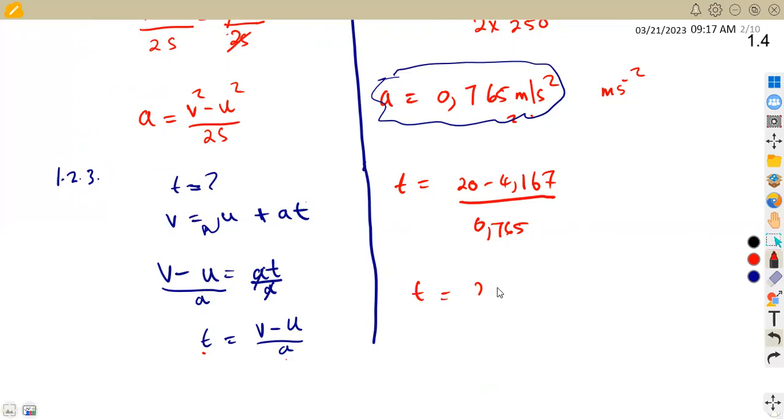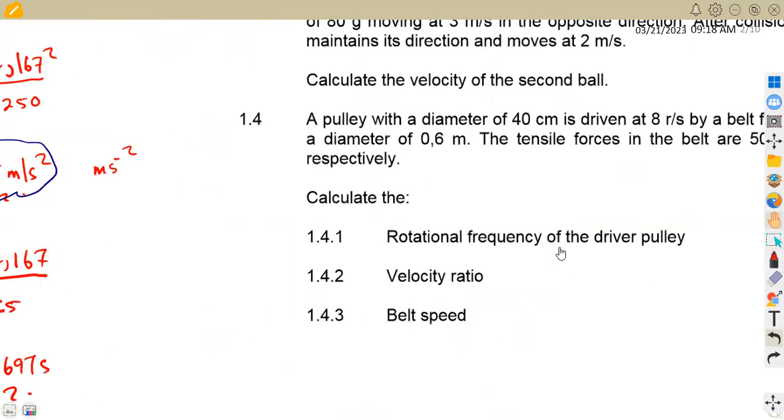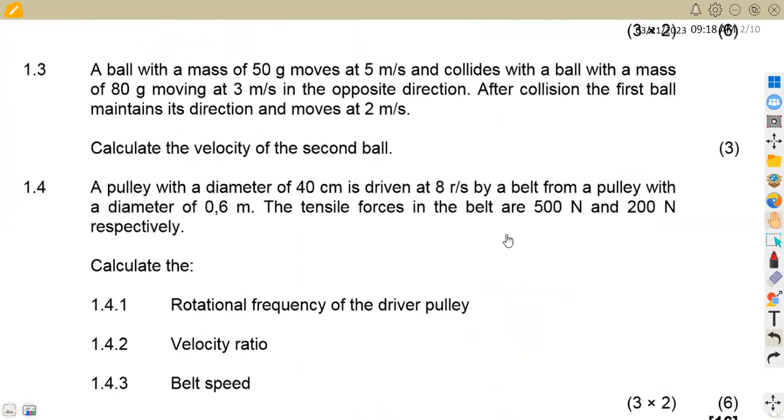That will be 20,697 in seconds. So that's how you can simply have this information. So it's very, very important. If you're working with motion, guys, it's all about the formulas. List down your formulas. Then from there, you have to pick the right formula according to the information that you are given. All right, so let's check the other part of the question, which is on 1.3.